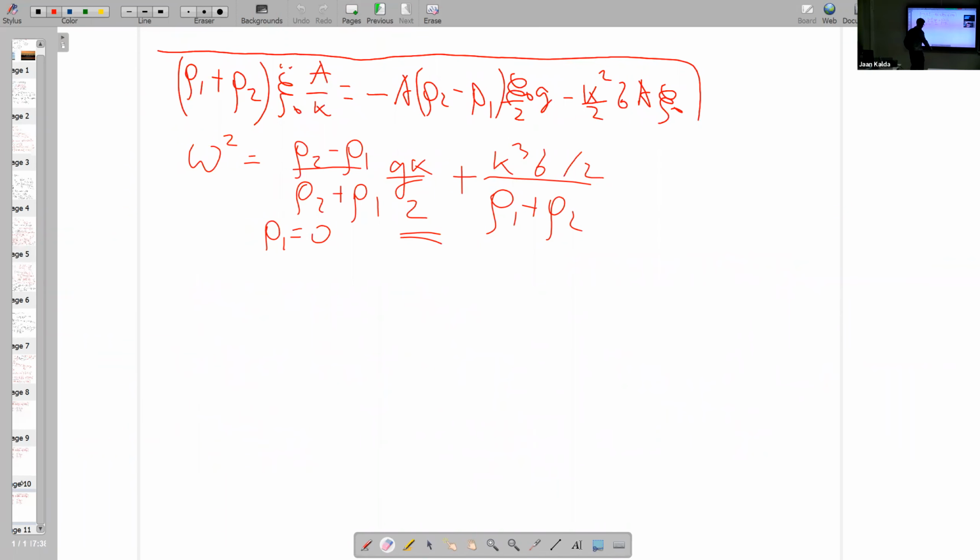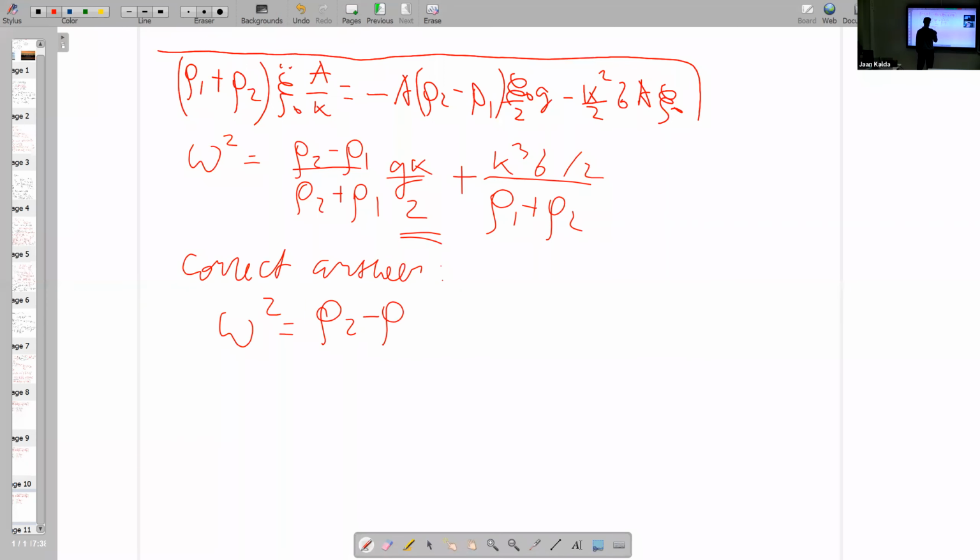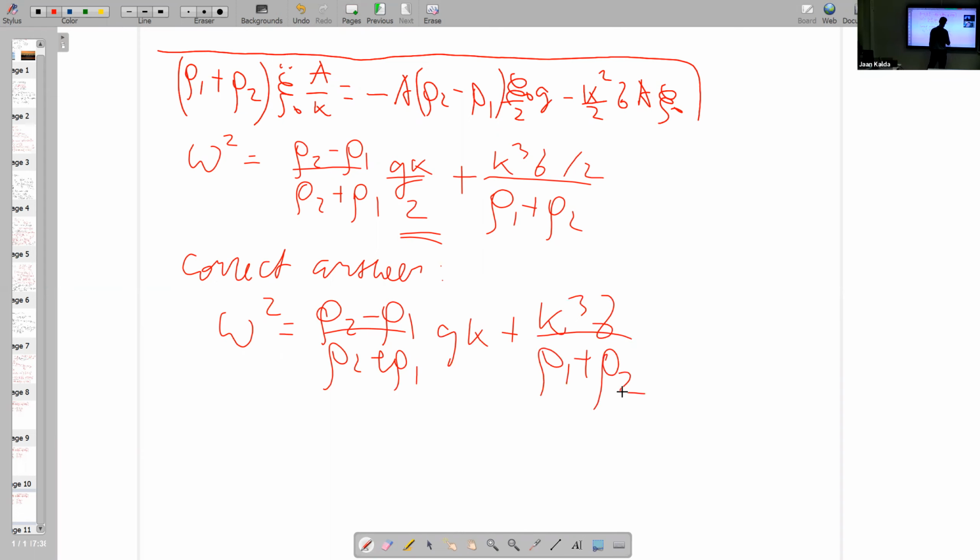Okay, I'm trying to find the mistake later. So actually, the correct answer is: omega square equals rho 2 minus rho 1 divided by rho 2 plus rho 1 times g times k, plus k cubed sigma divided by rho 1 plus rho 2. Somewhere the factors of 2 went wrong, but this is the correct answer.